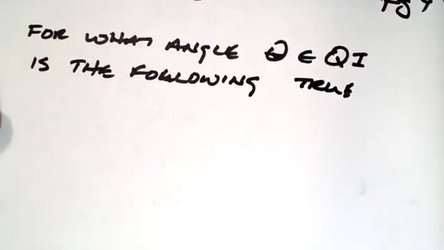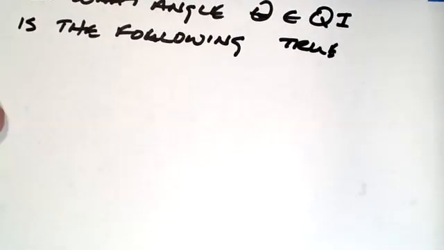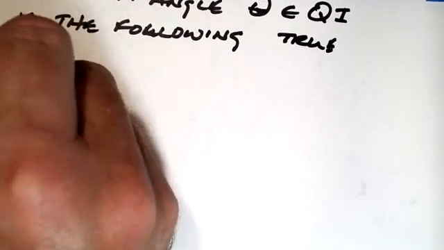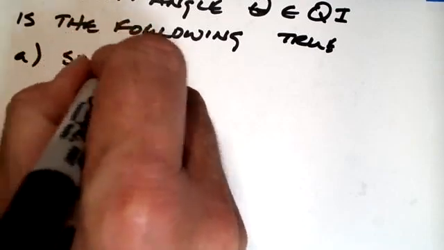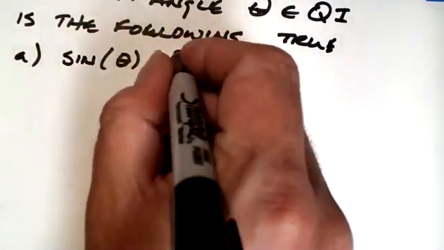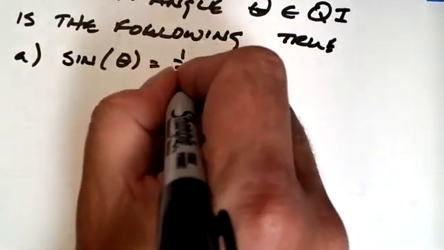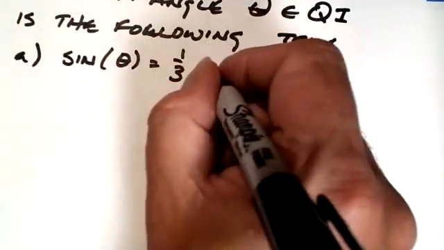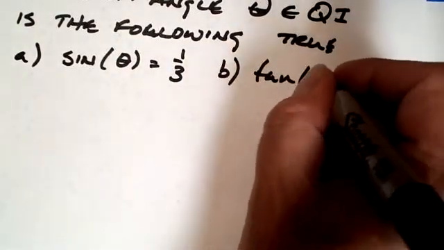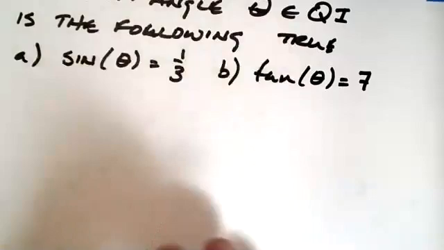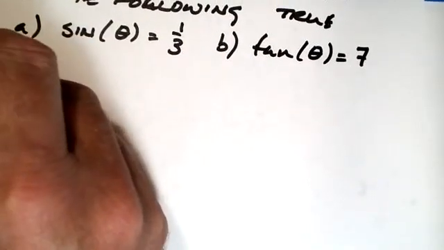I'm going to do some that are a little bit easy, and then I'll do ones that involve this reciprocal idea. So let's say sine of theta equal to 1/3. Let's say tangent of theta equal to 7.